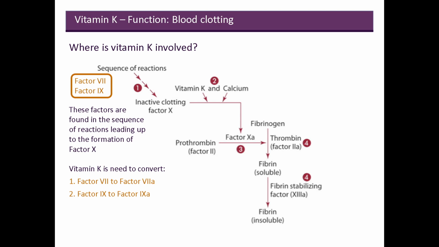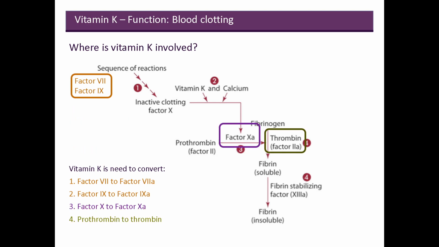This is upstream of this blood clotting cascade of events. But still know that vitamin K is needed to make factor 7 into factor 7a and factor 9 into factor 9a.